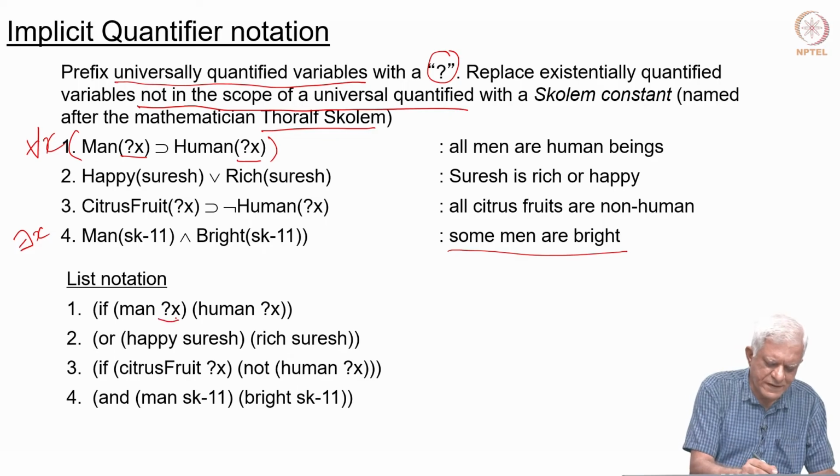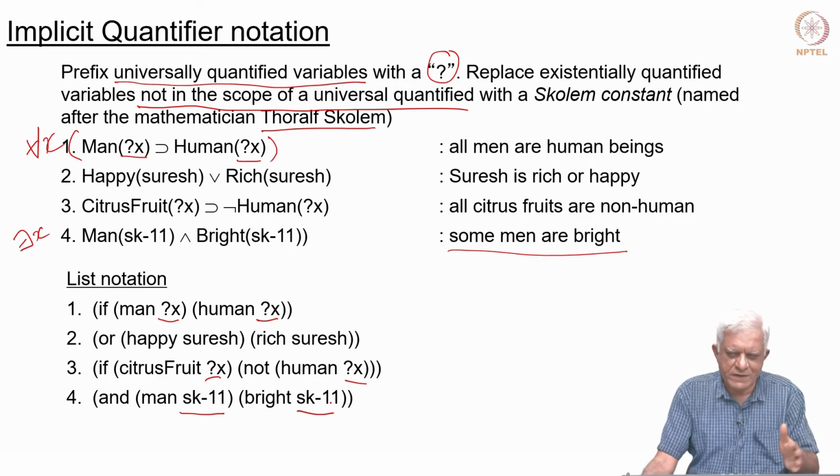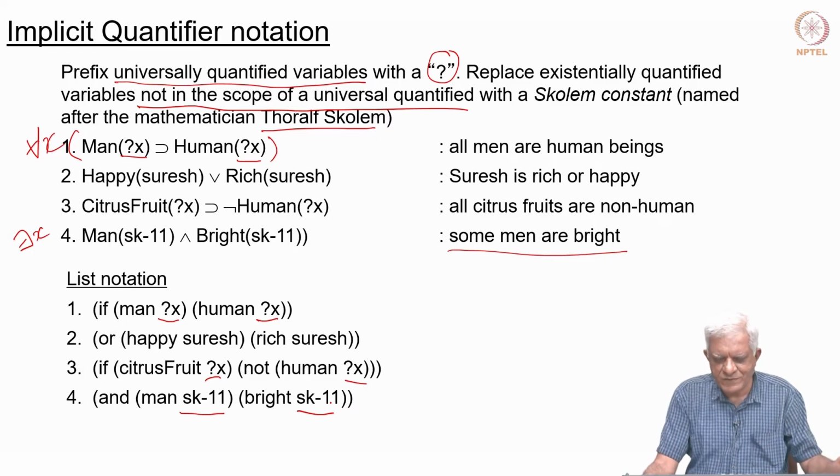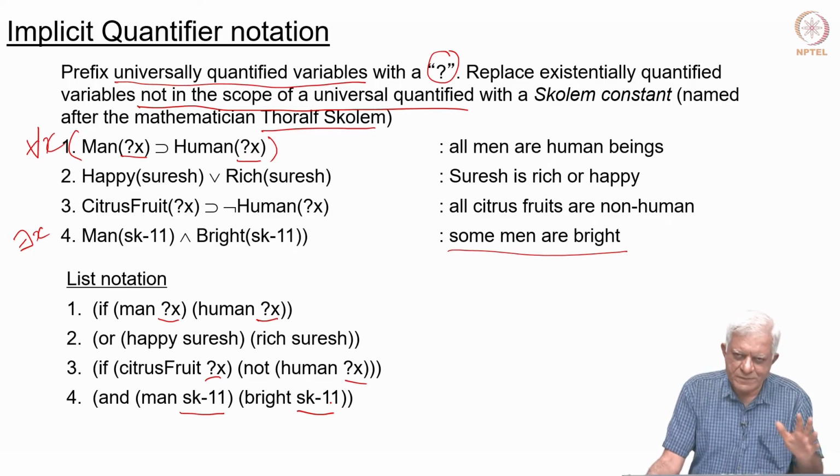This x gets replaced by question mark x, and when x was existentially quantified, it gets replaced by a Skolem constant. The way we have invented the name is we use sk for Skolem and put some number after that, the way people construct passwords nowadays, something 1 2 3, just inventing a new one every time.